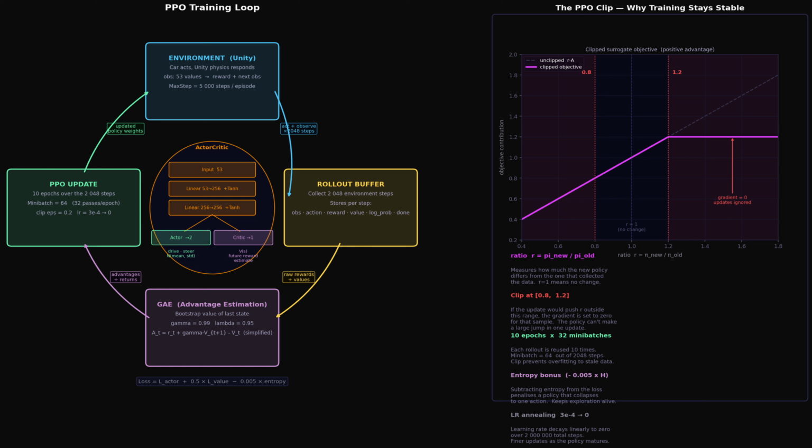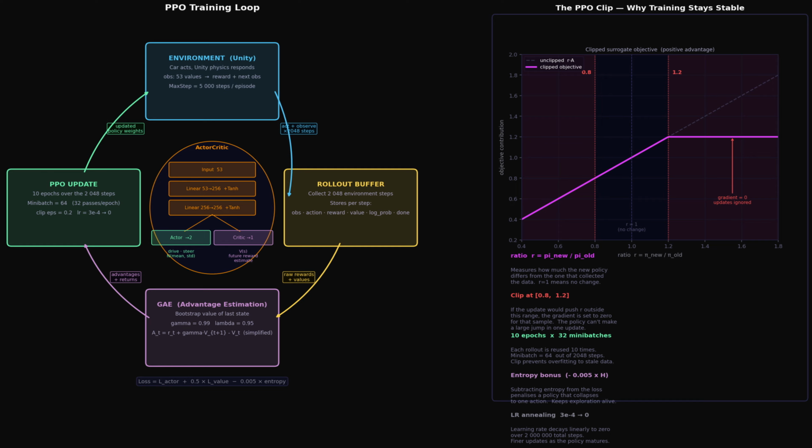When you hear people saying the new version of ChatGPT has 5 billion or 10 billion or 100 trillion parameters, those are actually the weights of the model. When we have the rollout, we use that data to update the neural network's weights to make good actions more likely to be performed and bad actions less likely. Then we collect another rollout and we repeat.